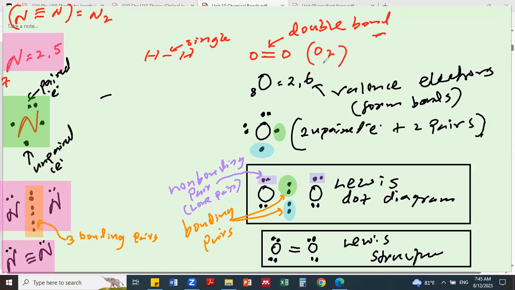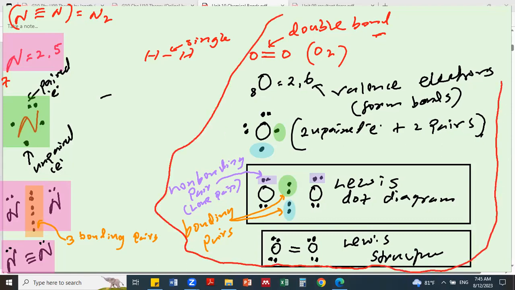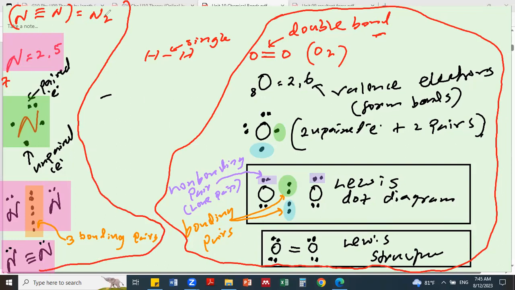Oxygen is O2. So this is how we represent it. Have you done both of these in your writing book? The step by step. Then you will not make any mistakes in the exam.